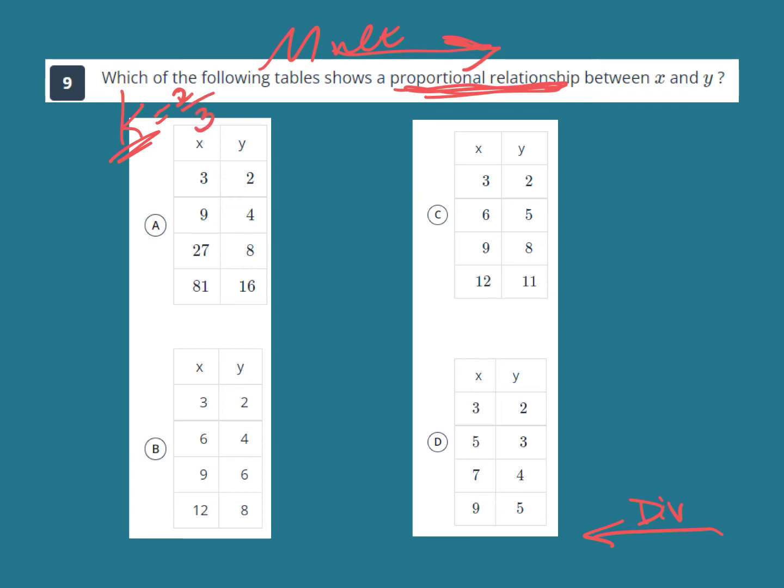So that means anytime I multiply x times 2/3, I'm going to get y. So in other words, if I do 9 times 2/3, I should get 4, right? That's what we're saying here. So if I put this over 1, 9 times 2 is 18.